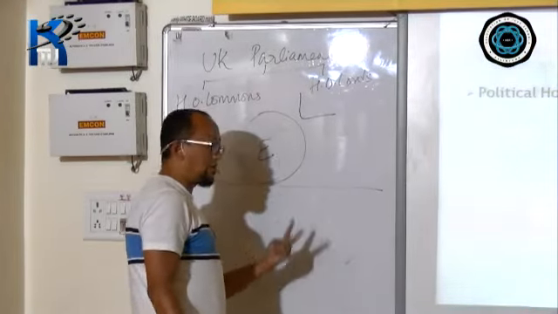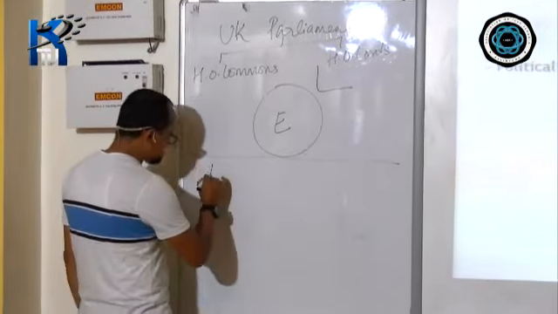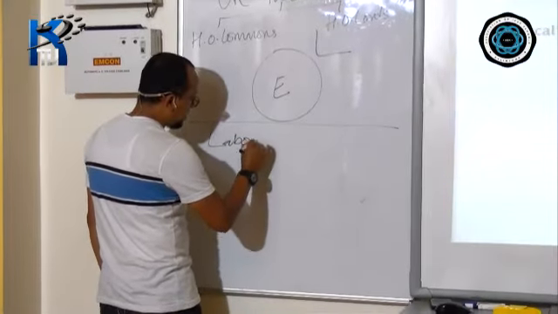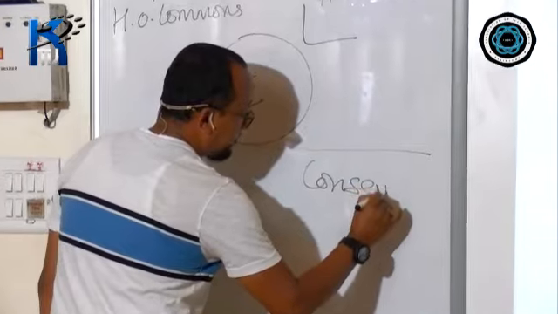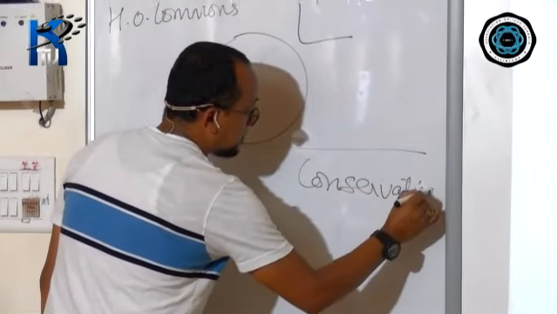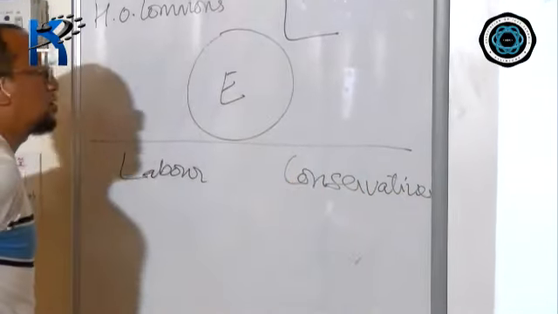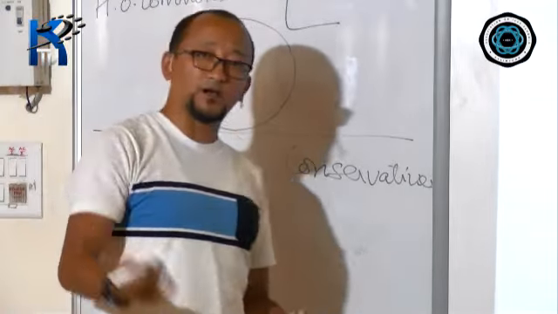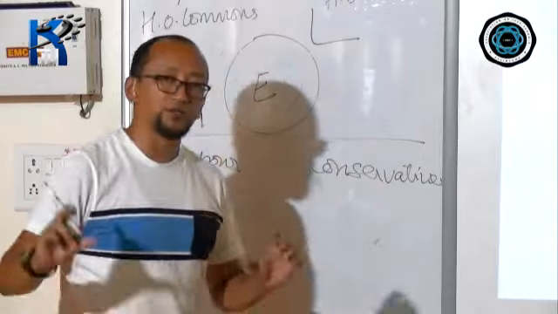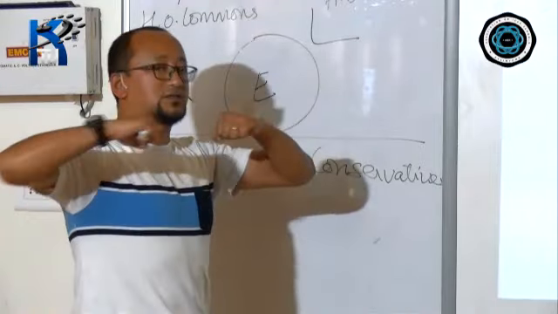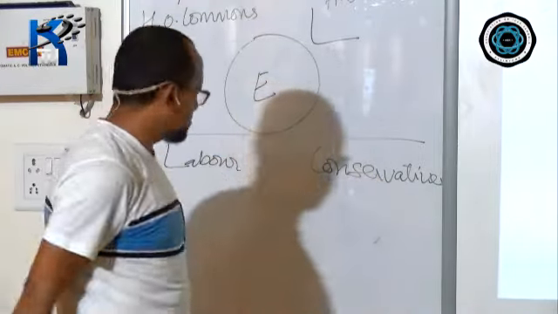The two major political parties in the UK are Labour and Conservatives. But of course, there are other parties like the Liberal Democrats as well. But these are the two major contending political parties, two powerful big parties contending for any election.